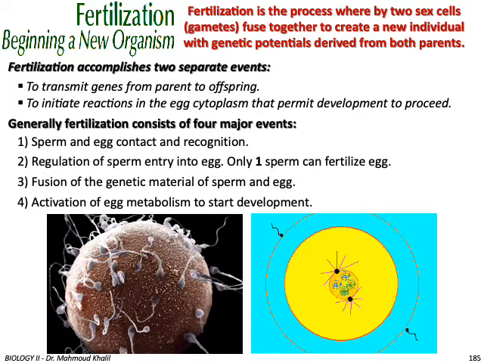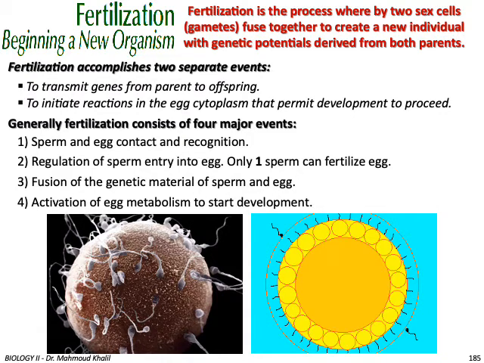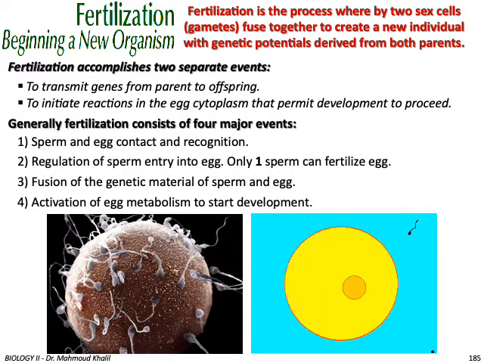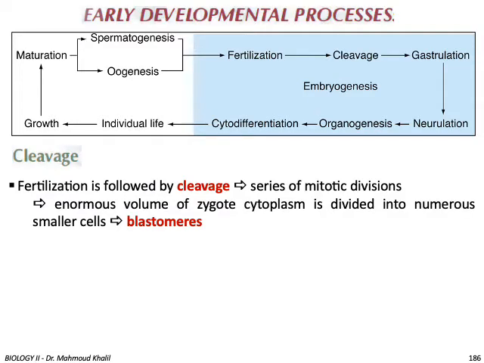The first figure is a scanning electron microscope image showing a lot of sperm trying to penetrate the egg, while the second image shows sperm approaching, penetrating the egg, fusion of the genetic material, and then successive cell divisions, 2, 4, a lot of cells, and then development proceeds.